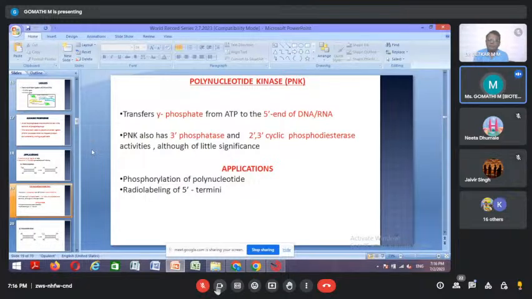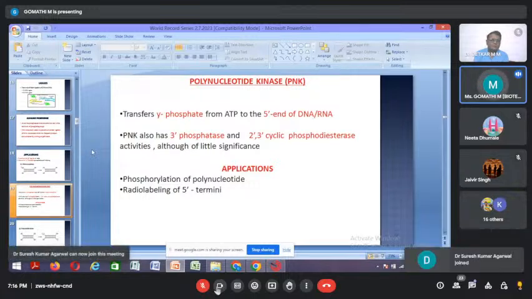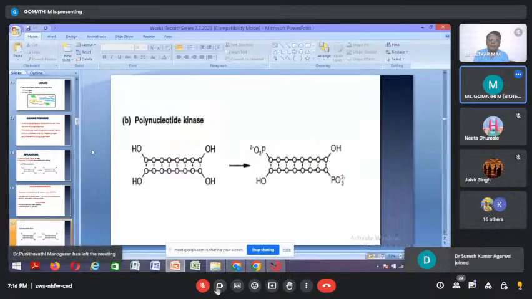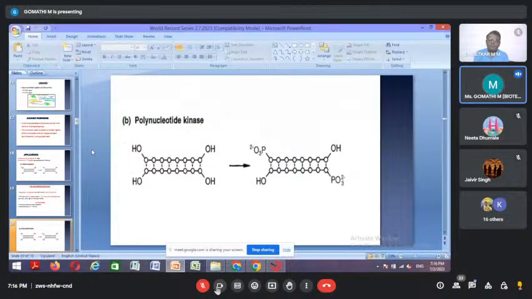That is, it adds a phosphate group to the DNA fragments. It is used in radiolabeling of 5' termini of DNAs. It has been clearly shown in the figure: this enzyme has added a phosphate group to the 5' end of each DNA fragment.